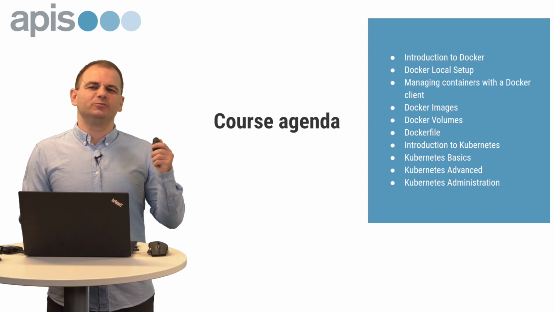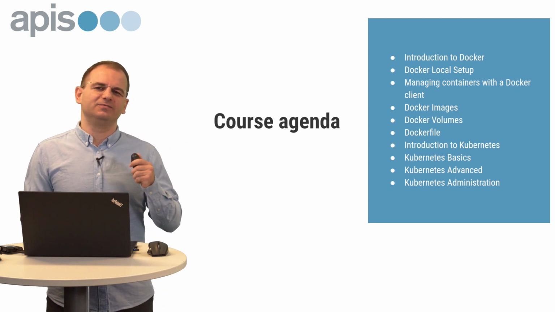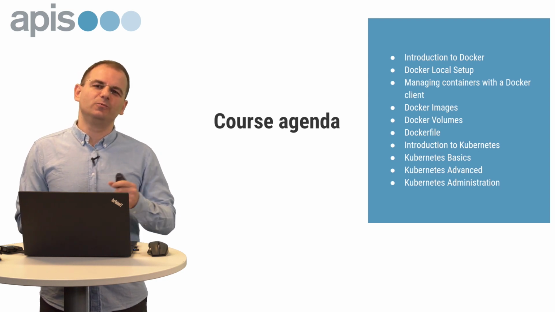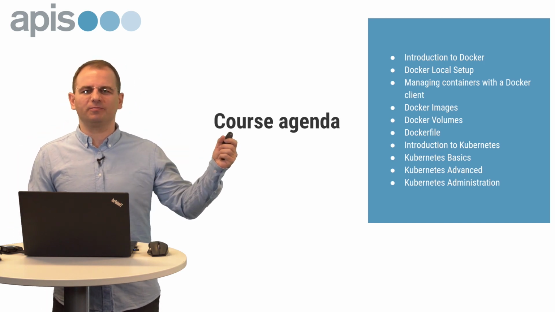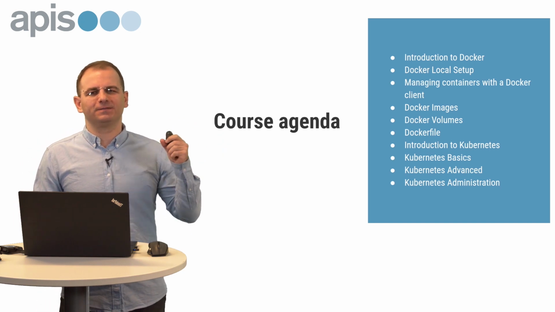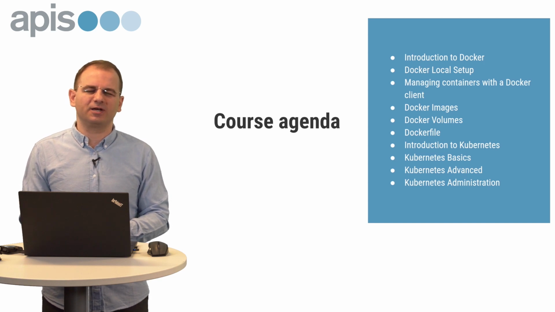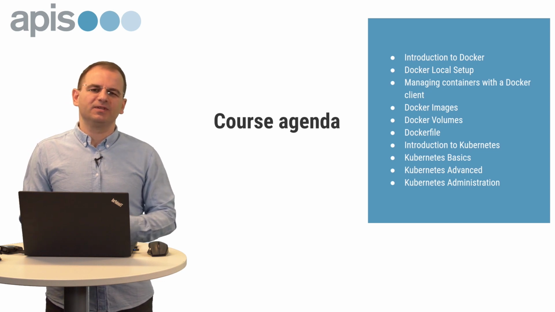Then we will move into the core of Docker, and we will explain how to manage the containers with a Docker client. This is a huge topic. It's going to be broken down into two segments, and there's a lot that we are covering over there, like networking, how to run containers, how to manage them, and so on and so on.